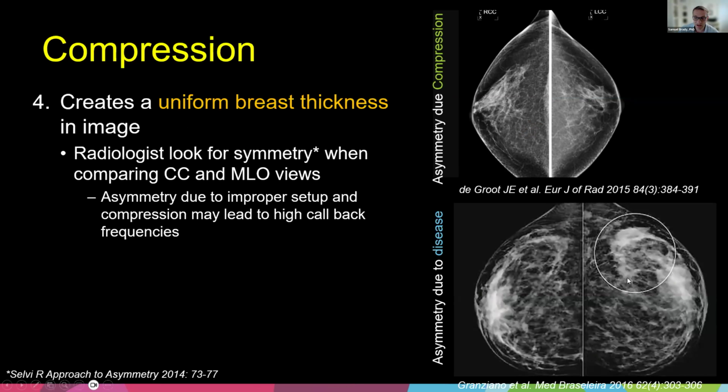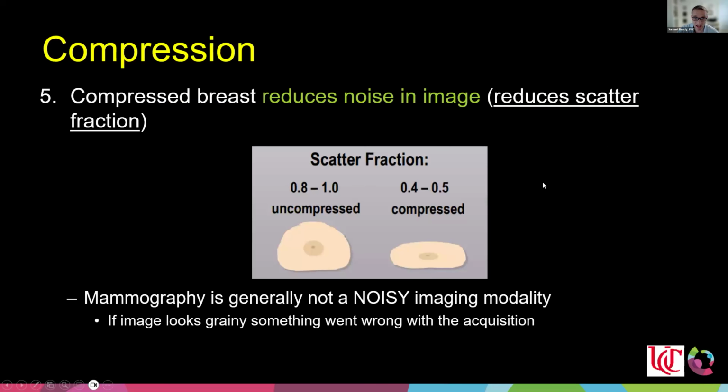Here at the bottom, you can see asymmetry due to disease. At the top, you can see asymmetry due to improper compression of the left breast in the CC view. And so consistent compression helps keep the image the same from left to right when looking for symmetry.